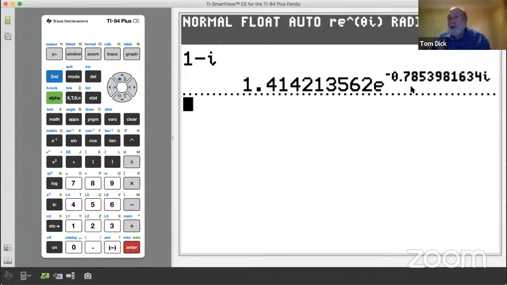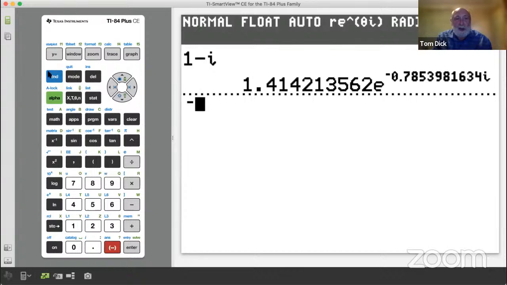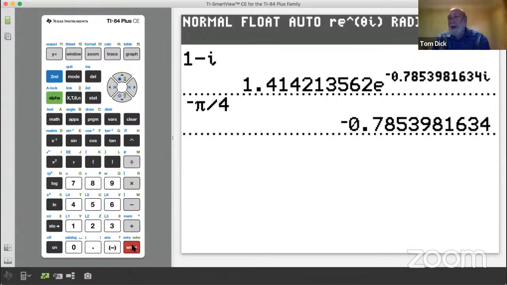Folks can take a look at that and see what theta value did they use? Did they use a negative pi over 4 or 7 pi over 4? I think they used a negative pi over 4 here. We could double check. Let's calculate negative pi over 4. Yes, that's exactly what it was.